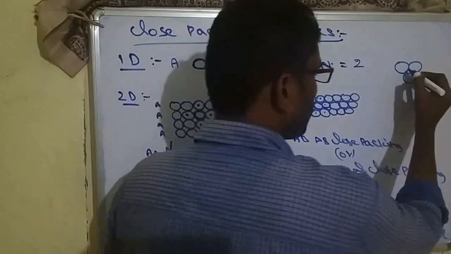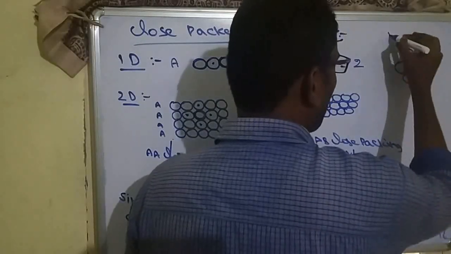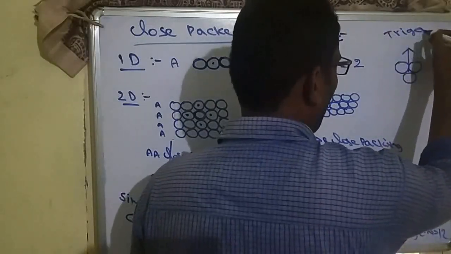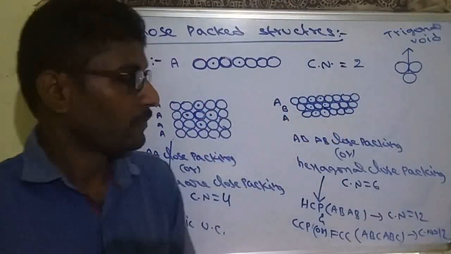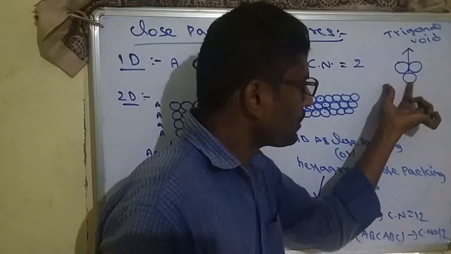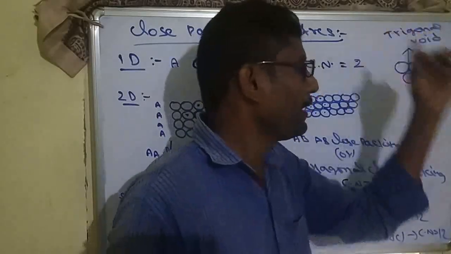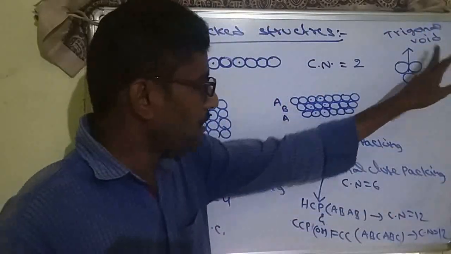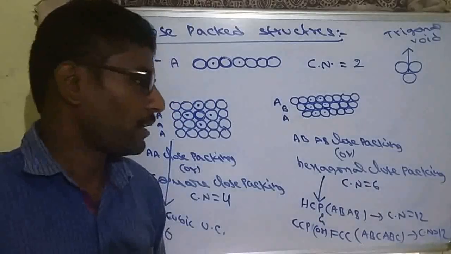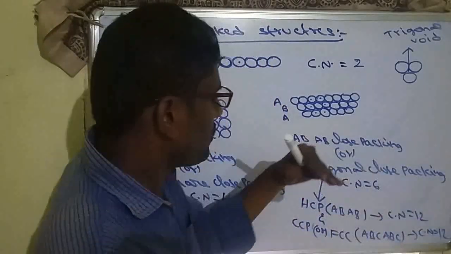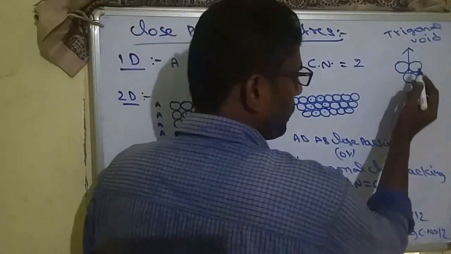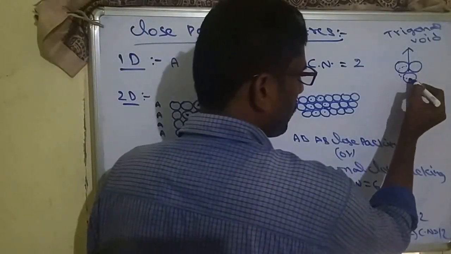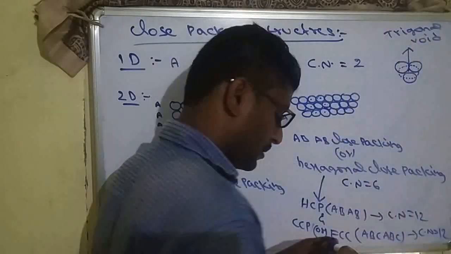This space is called trigonal void. So between three particles, some gaps are there. Those are called trigonal voids, and trigonal voids exist in two-dimensional structure. When we are attaching another layer of two-dimensional, this gap is filled by next layer particles like this.